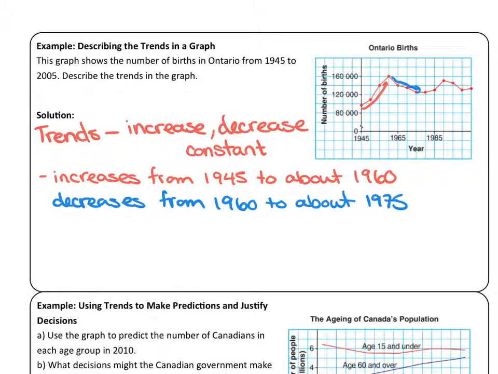Then it starts to go back up again. From 1975 to 1985. We're going to decrease again.